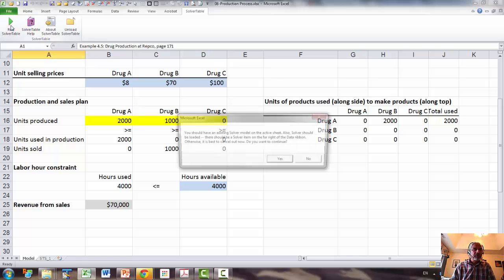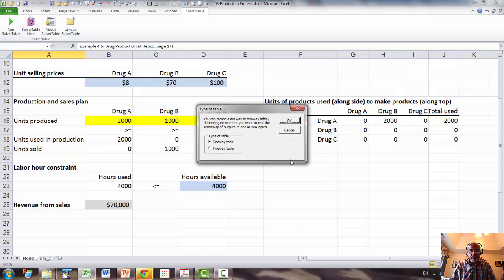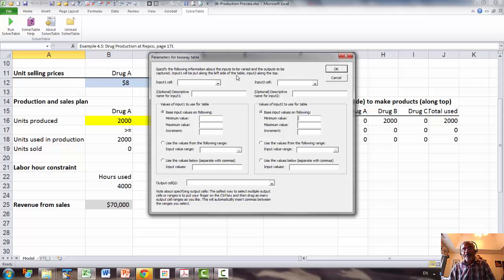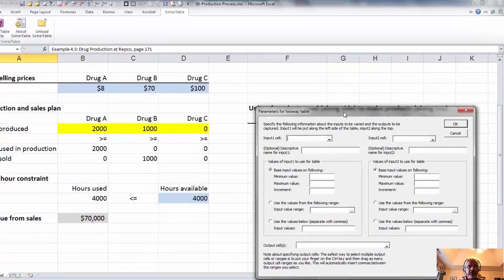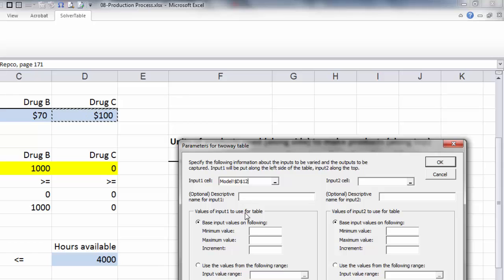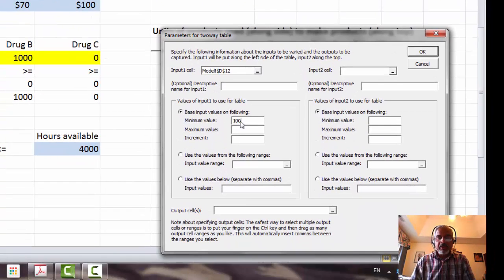So we'll do a two-way table. Now the first input is going to be same as previously used, so $100 to $200 in increments of 10.